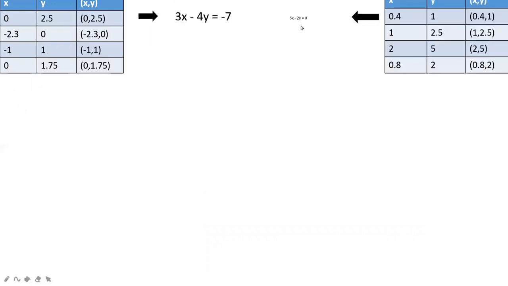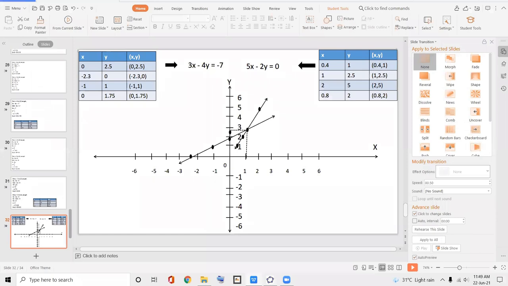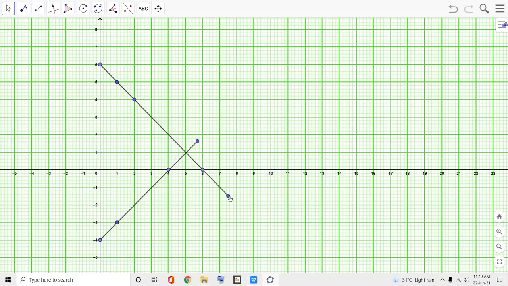So this table is the values for 3x minus 4y is minus 7, and this table is for 5x minus 2y is equal to 0. So now we will plot these points in the graph. Okay. So first we will delete these points.